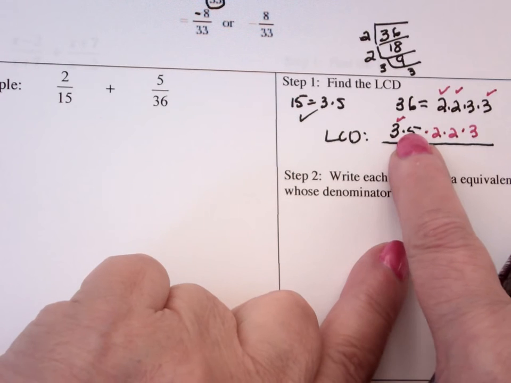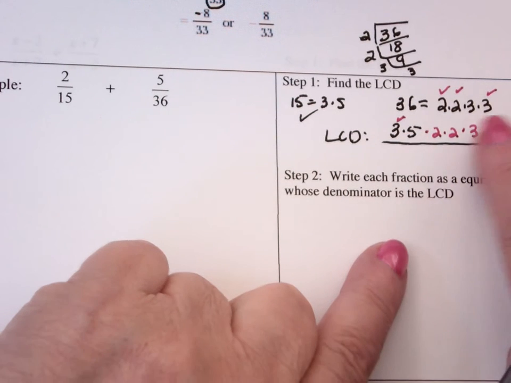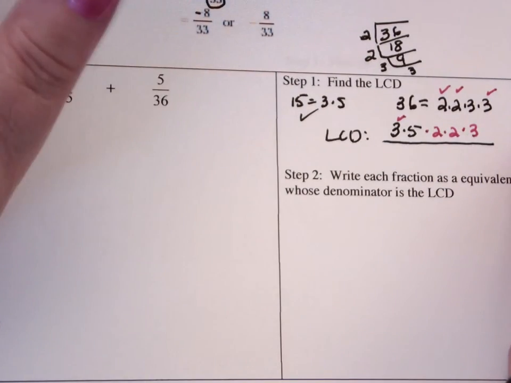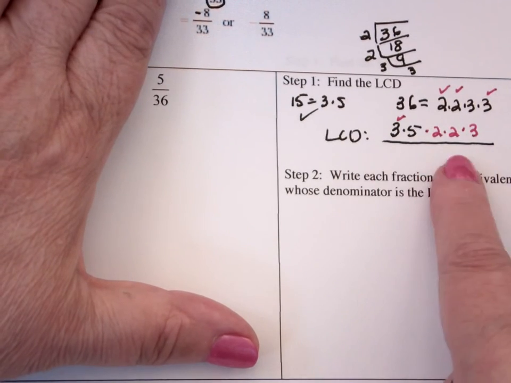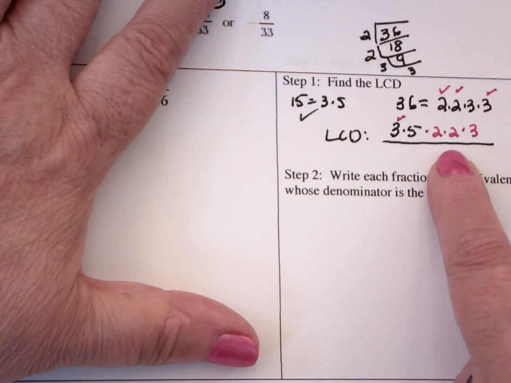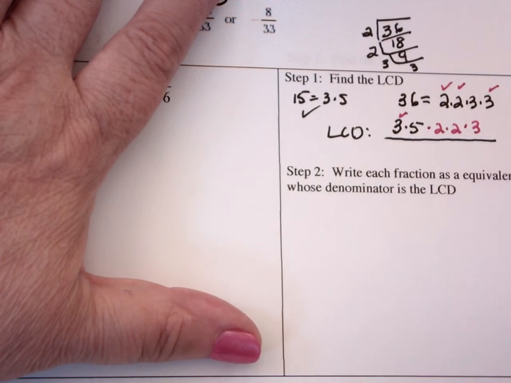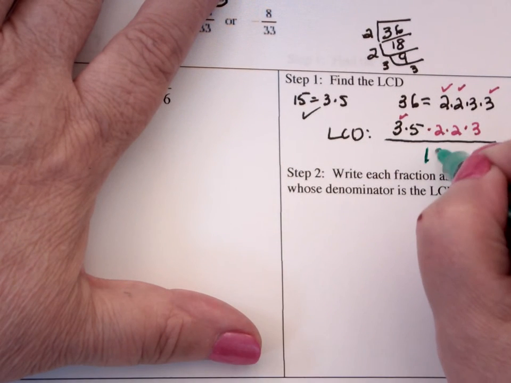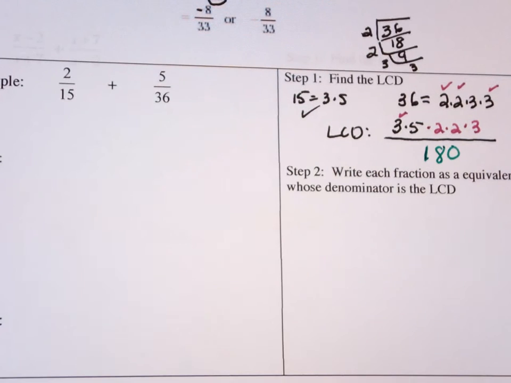So I can see that 36 is in it. I can also see that 15 is in it. That's the smallest. And this is going to be, what, 10 times 9 and 2 is 18. Looks like it's going to be 10 times 18, which is 180. So that's what the LCD is.